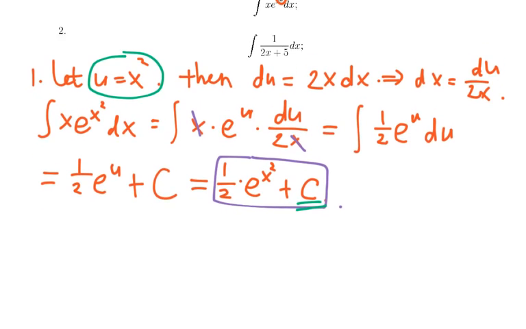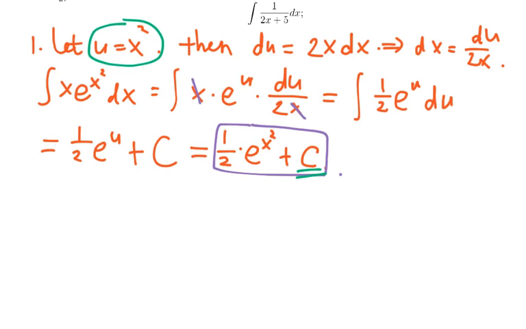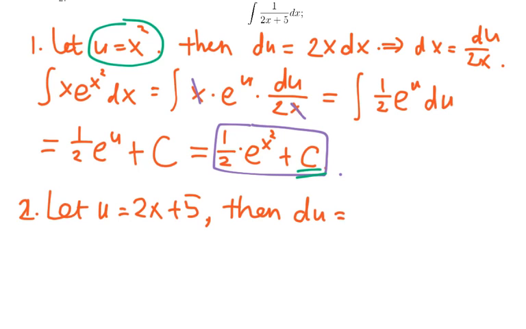And then for the second part, we're going to integrate 1 over 2x plus 5. Here we're going to let u equal 2x plus 5. Then du is equal to 2 times dx.